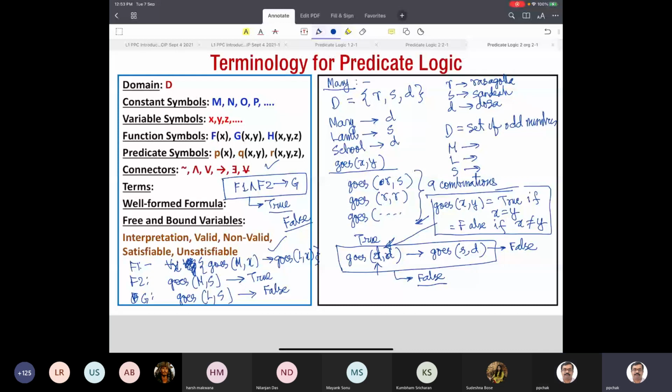Whatever you do, you will always find this formula true. So the number of interpretations now can become infinite. And because the number of interpretations becomes infinite, the algorithm to prove validity is a very non-obvious algorithm.